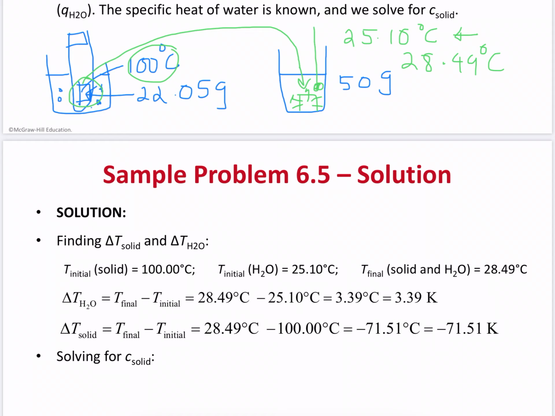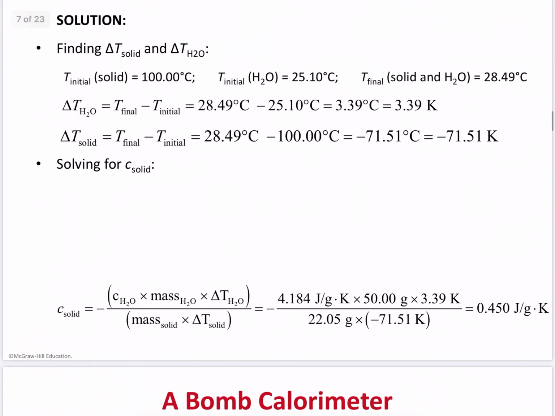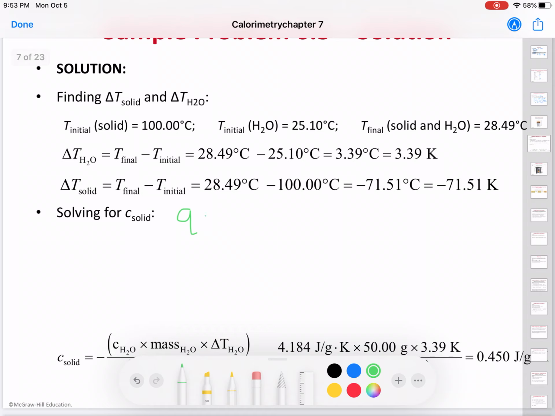Okay. Now with the temperature information, we found the delta T for the water and delta T for the solid. Our goal is to find out the specific heat capacity for the solid. So what do we do? We're going to be using the equation Q equals mc delta T. Remember I told you that the metal is losing heat, water is absorbing.